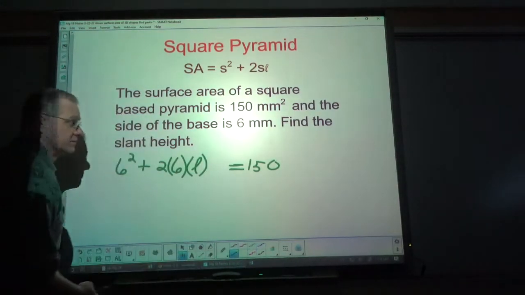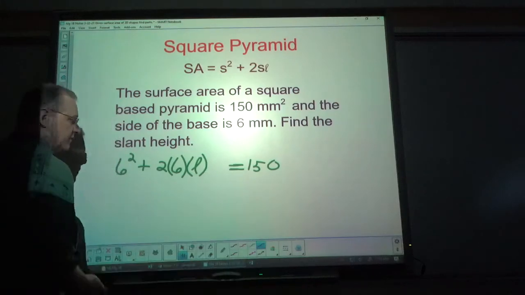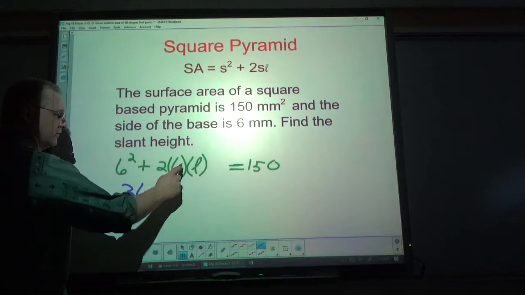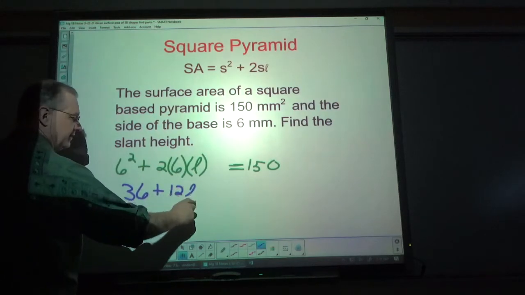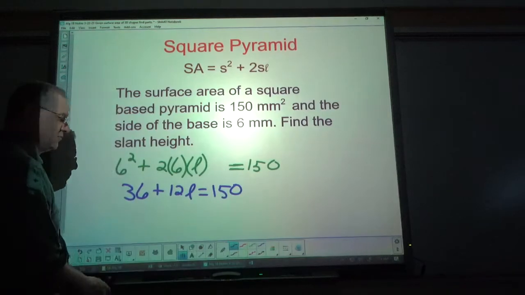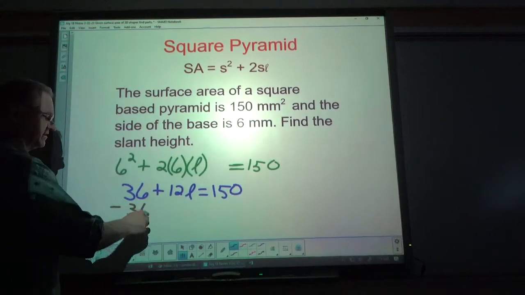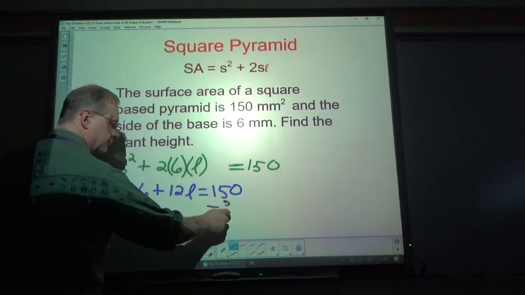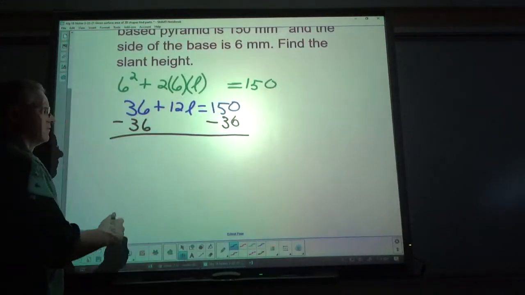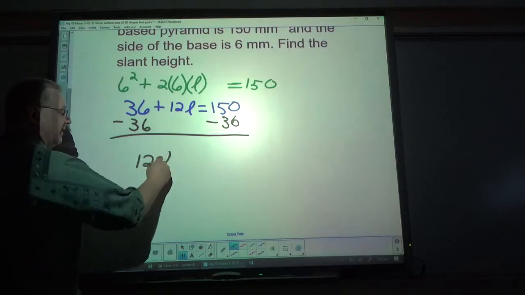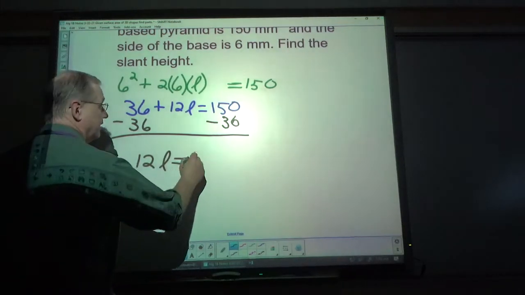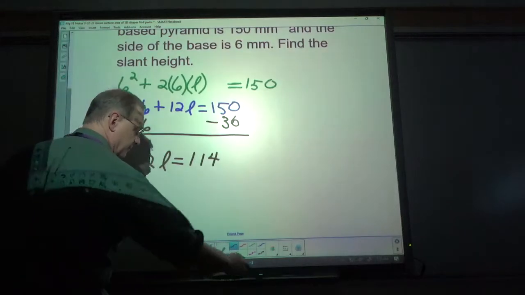All right, so let's do some simplification here. 36, 2 times 6 is 12 times L is 12L. I have to subtract 36, get rid of addition and subtraction. So 12L equals 114.